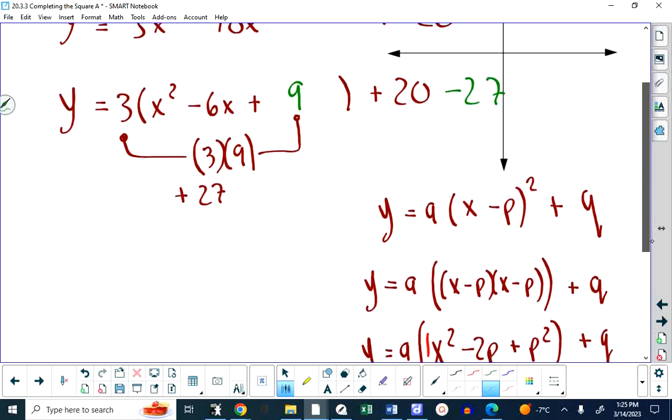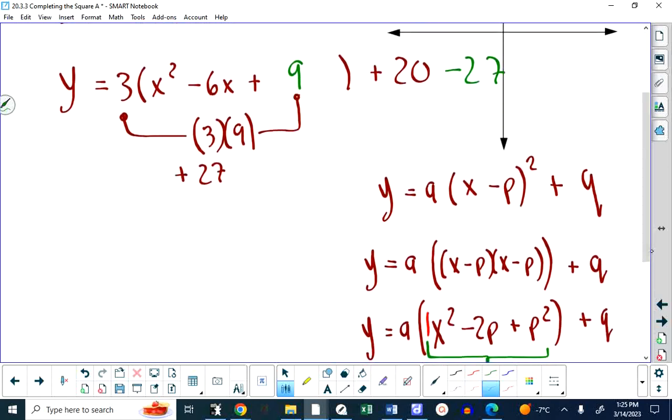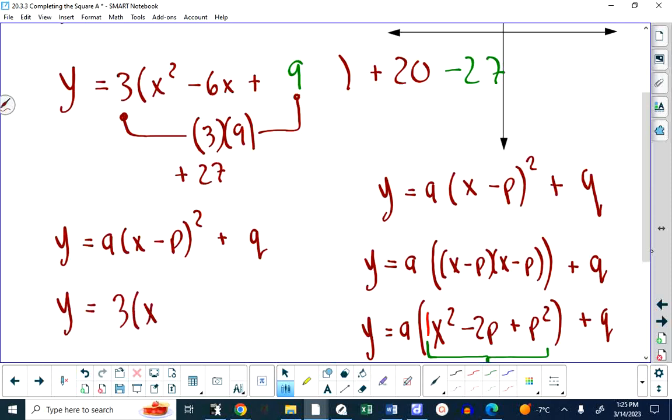And now we can write it in completed square form. Y equals, I want to do this with some highlighting here, just to make sure you understand. We're going to have y equals a, which is 3, then we have x minus 3 squared, and then we have minus 7.